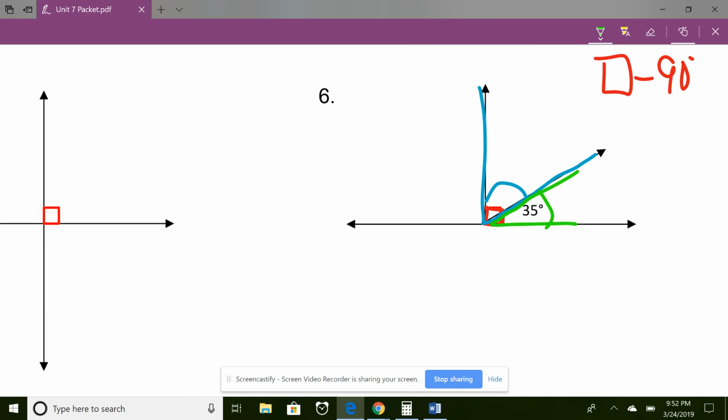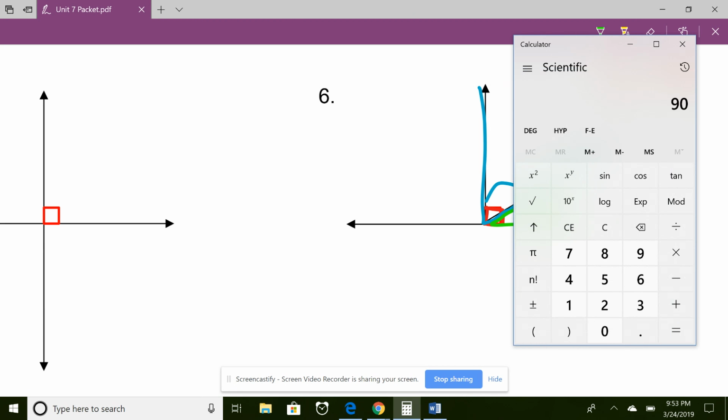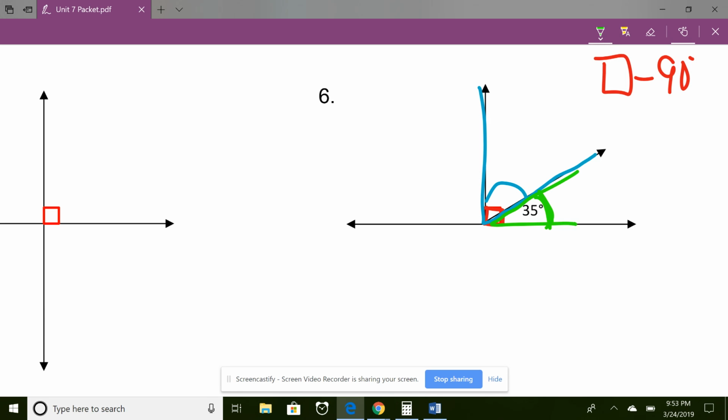Knowing that those two angles form a 90-degree angle, and this angle right here is 35 degrees, to figure out the other angle you would do 90 minus 35, which is 55 degrees. So this angle right here is 55 degrees.